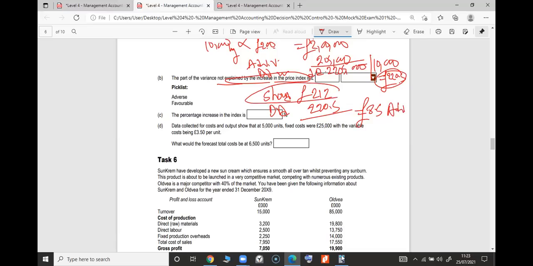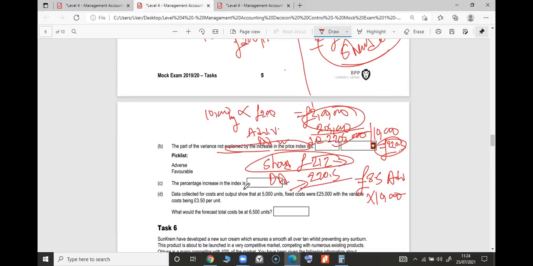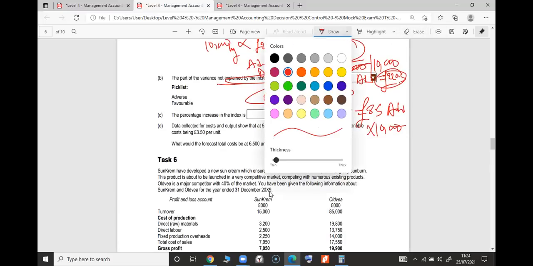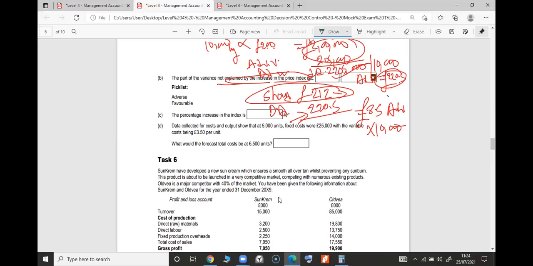Even after taking into account the indexation, it should have cost you 212 per kg, but it did cost more, because after taking into account the actual and adverse variance and budgeted cost, we found how much it did cost us. So 8.5 times by 10,000 kg, it is adverse. Here, ADV. I'm changing the color of the pen, just a minute. Adverse 85,000. That is the one.